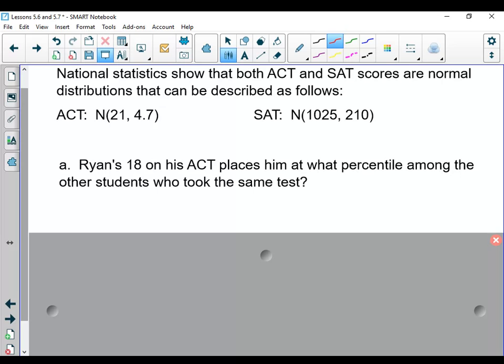So let's see what Ryan's z-score would be based on knowing he has an 18. Well, he had an 18. The mean for the ACT was 21. And the standard deviation was 4.7.